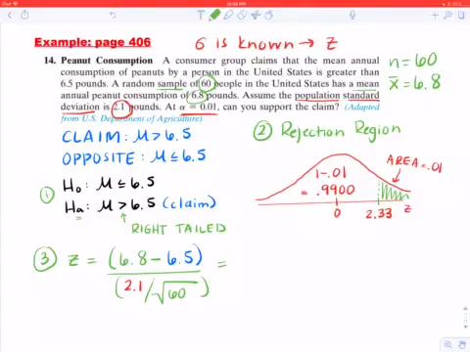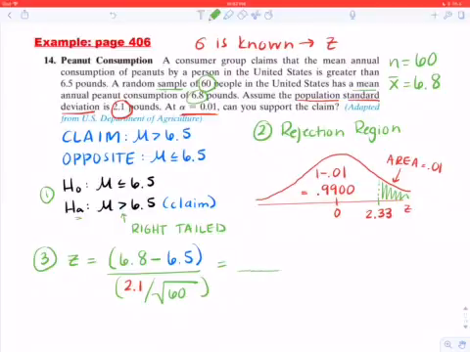All right, so again, I'm going to go ahead and work that out in steps. So I'm going to take that standard deviation of 2.1, and I'm going to divide that by the square root of 60.